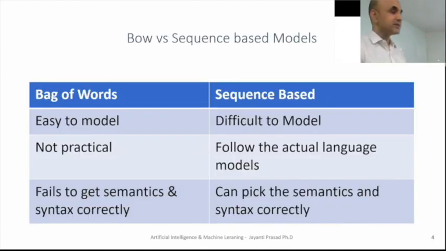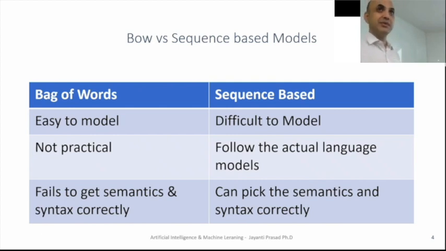The bag of words scheme is easy to model, but not very practical, and it fails to get semantics and syntax correctly. You can think of any example: if you just swap the words in a sentence, it may not make any sense at all. But sequence based schemes are difficult to model because they need memory. What the nth word will be depends very much on what came before, all the previous words.